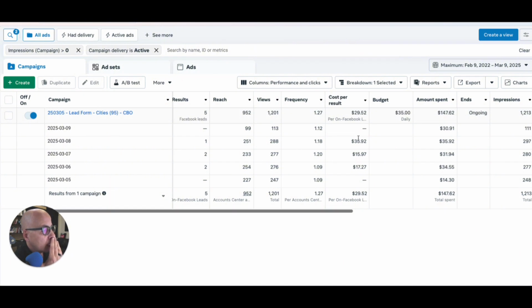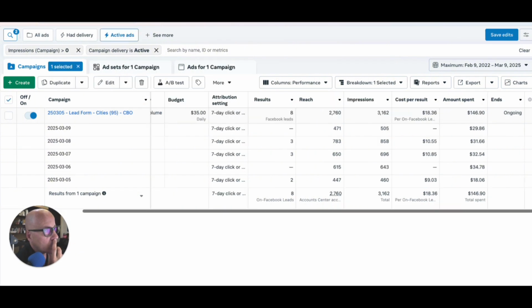The cost per lead yesterday was $35. Only 1 lead came in, and we're still waiting on additional leads. Right now it's at $29 per lead. I'm going to let it sit today. However, if today there are no leads, the likelihood is that tomorrow I will pause and then restart this campaign again and try to get a new one going.